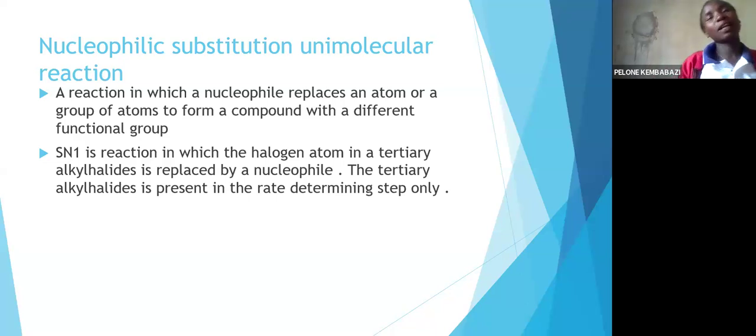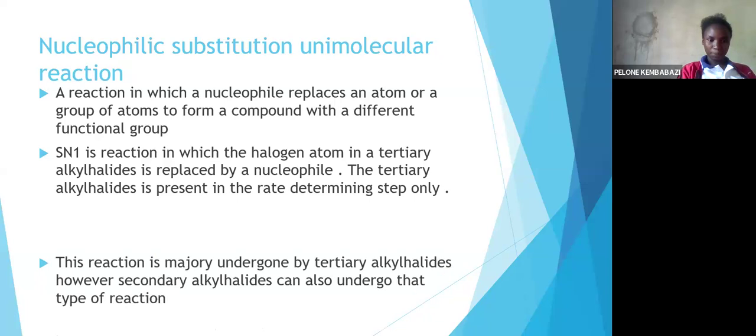It undergoes unimolecular nucleophilic substitution because the tertiary alkyl halide can easily dissociate, giving out the halide and creating a tertiary carbocation which is highly stable, and that tertiary carbocation can easily be attacked by nucleophiles. So that will be a nucleophilic substitution unimolecular reaction.